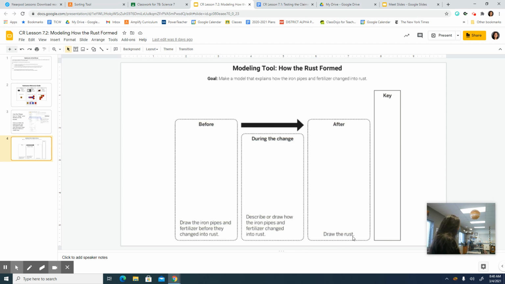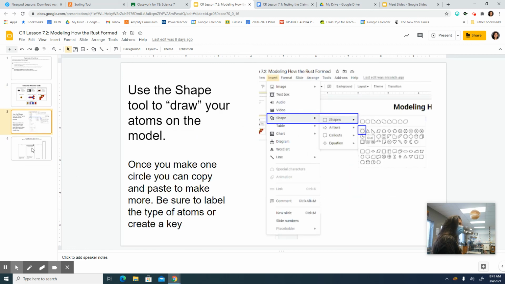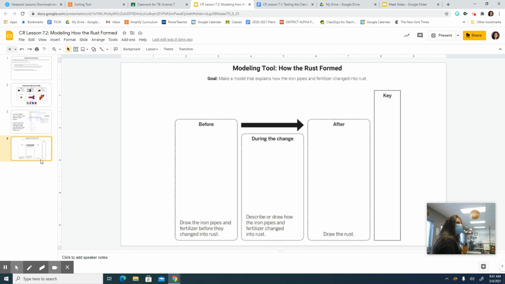By draw the rust, I don't mean a scribble of rust color. Okay, that's not what I mean by draw the rust. You are drawing the atom groups using the circle tool that I show you how to use on this slide. And then if you need a key, make a key. Meaning if you made rust orange, then on the side here you could make a key that says orange is rust.